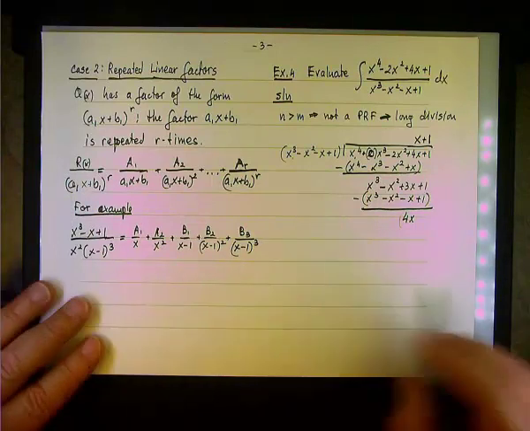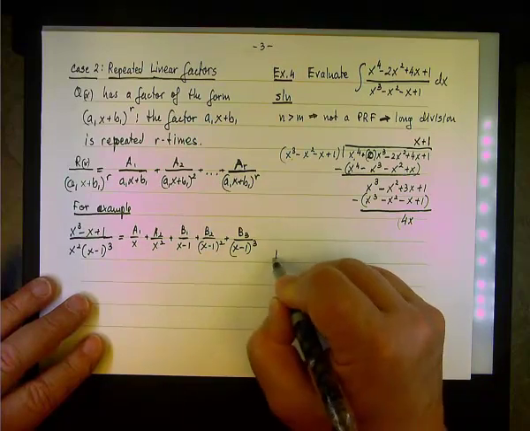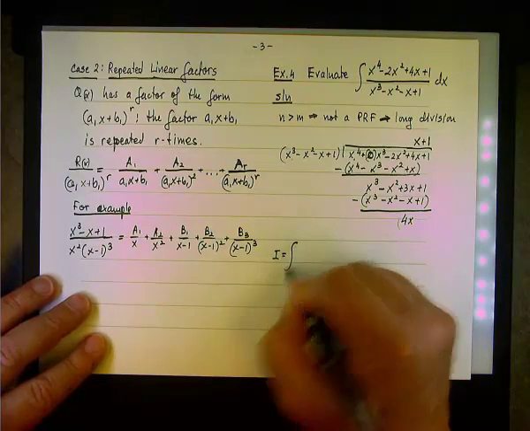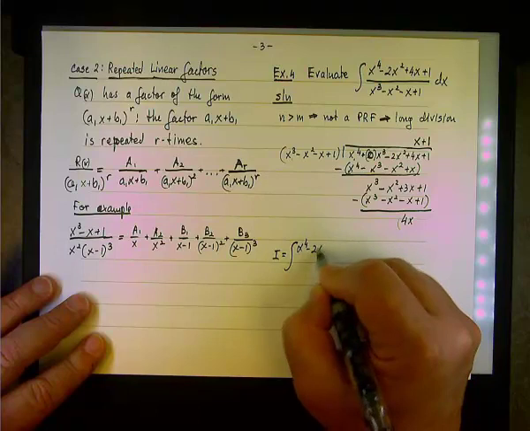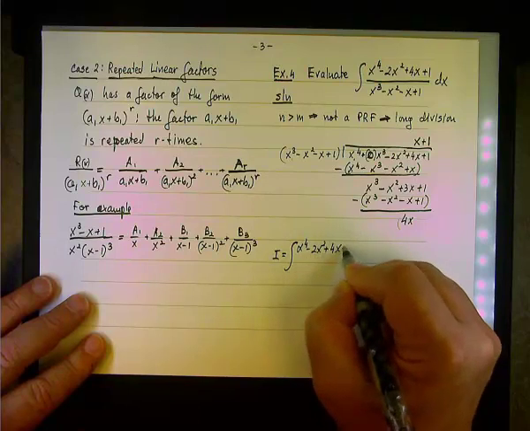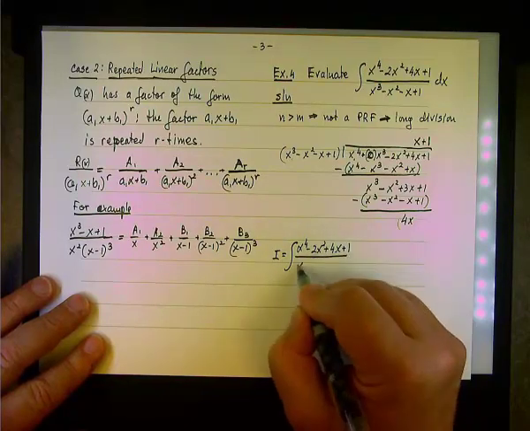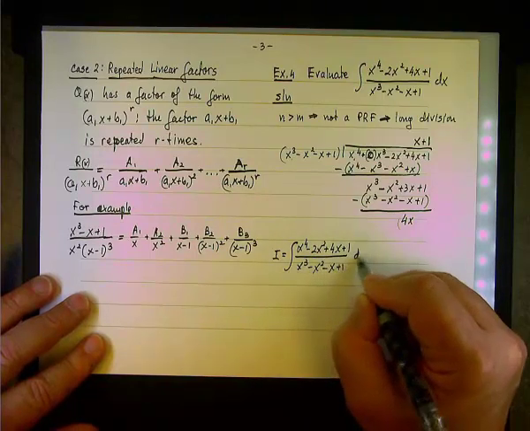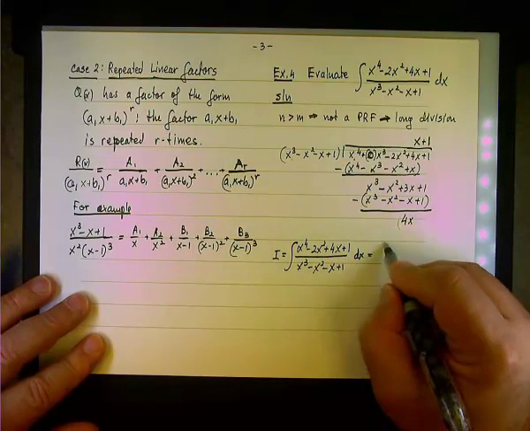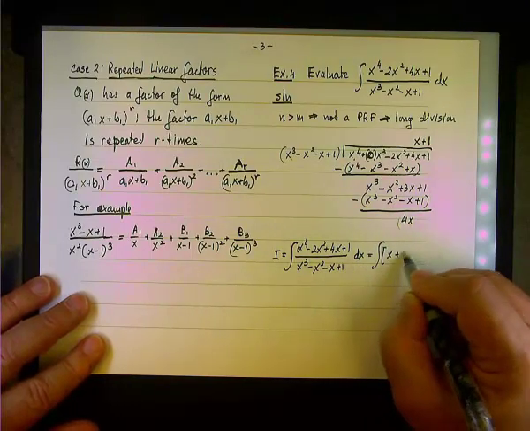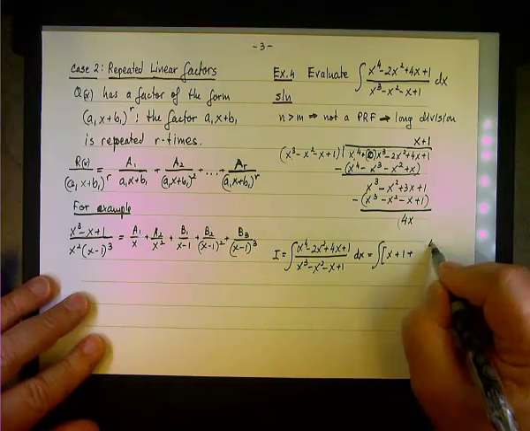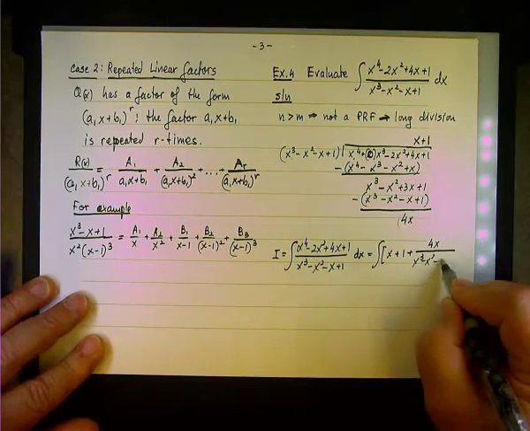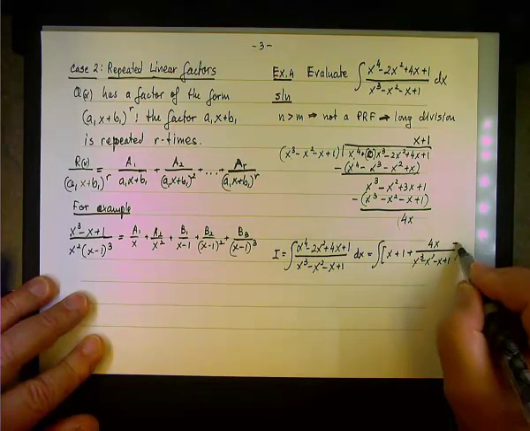Okay, so now we can say that our integral, I'll call it I because I'll go back to it, which originally was this thing, can be written now as the integral of x plus 1 plus 4x, the remainder, over the divisor, which is x cubed minus x squared minus x plus 1 dx.